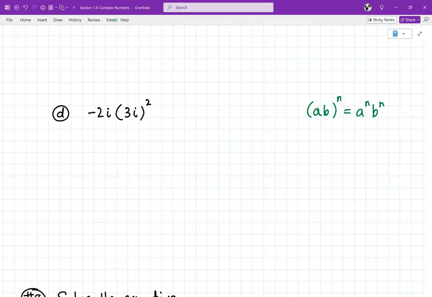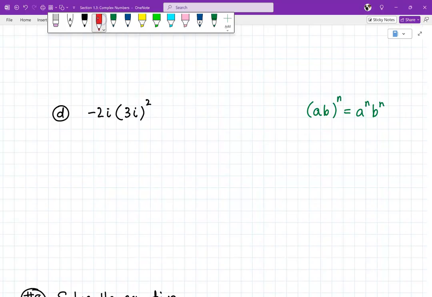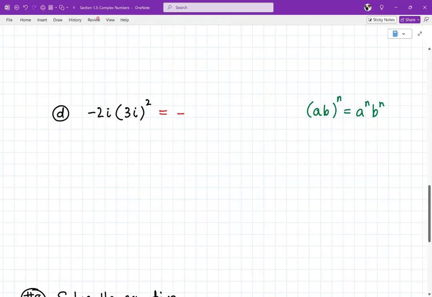So this right here, I'm going to rewrite, should look like this: 3 squared, i squared, because the 2 gets given to the 3 and to the i. All right, let's simplify a little bit. Negative 2i. 3 squared is 9, and i squared is negative 1.